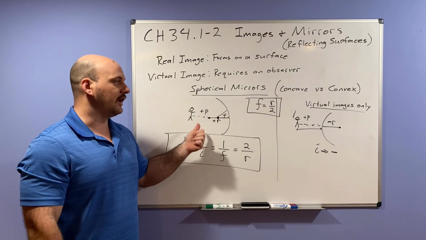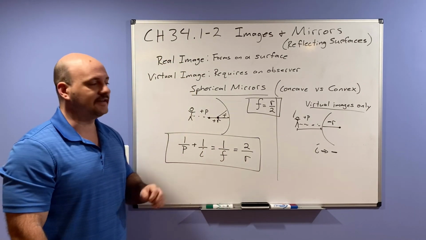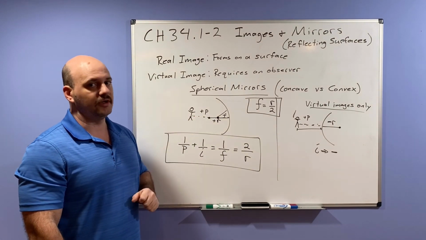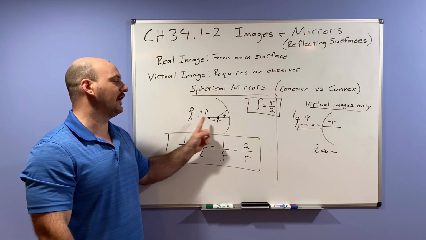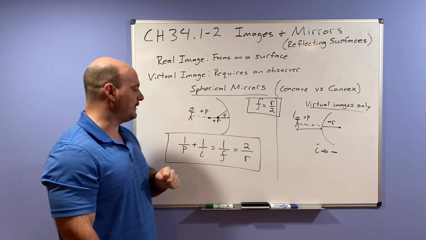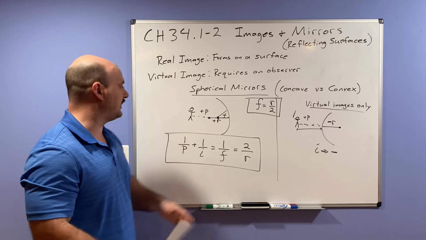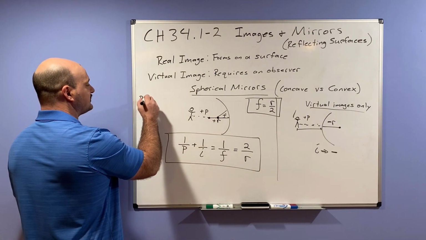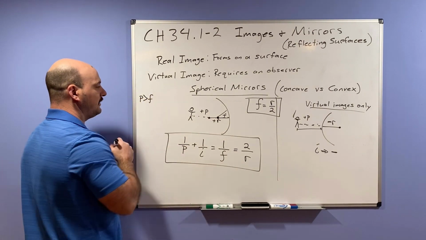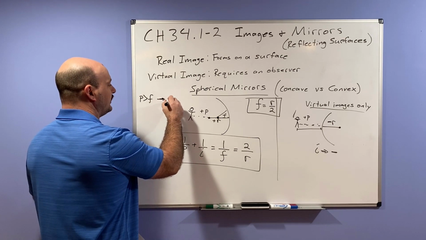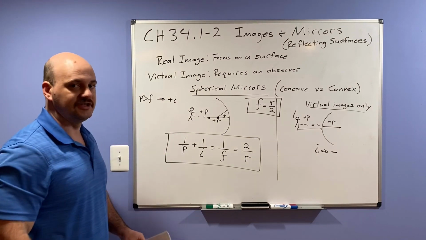Now, a concave mirror can form real or virtual images. It depends on where the object is. If the object distance is greater than the focal length, meaning the object is outside the focal point, then the image will be real. It will have a positive image distance.